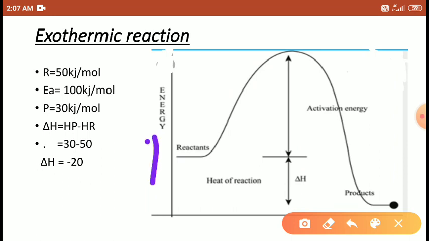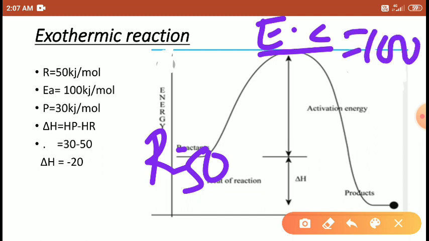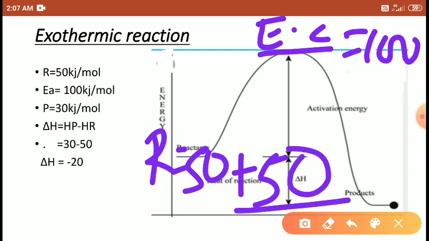Understood, students? The reactant particle has 50 kilojoule energy and the activated complex state, EC, I am writing here, requires 100 kilojoule per mole of energy. It means we have to supply additional activation energy of 50.